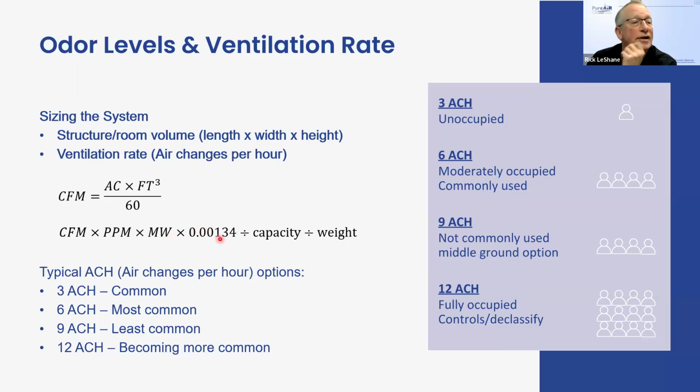This is a conversion factor that we use, 0.00134, to help us solve the issue. Divide that by the capacity of the carbon or of the media, so the capacity the media can absorb, and then divide that by the weight per cubic foot, and that gives us the cubic feet per year that we need to size the system.